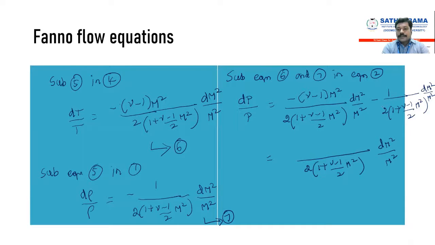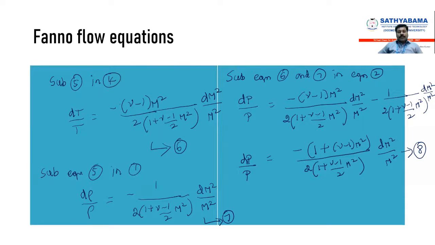We have a minus term, we just take it common outside, so 1 plus gamma minus 1 into M square. On taking minus common outside, we are getting this equation, and this equation is called the change in pressure across the duct equation. That is equation number 8.